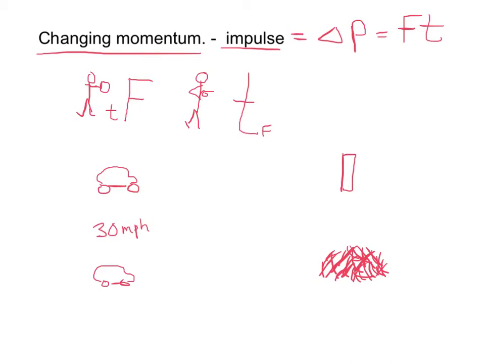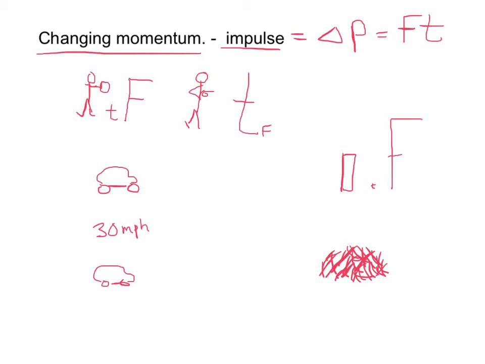But, in the case of the car hitting the wall, the time is very, very small, because once you hit that wall, that change in momentum happens all at once. Therefore, the impact or the force is going to be huge, crumpling the car, crushing the occupants.